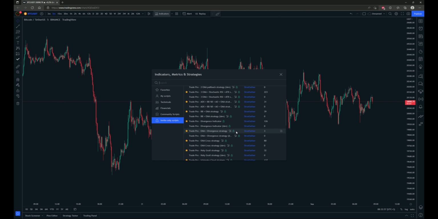But what we need to do is use this indicator to send these divergence signals to the strategy so that the strategy can enter positions based on these divergence signals given by this indicator. Well, before we get into doing that, let's actually go through this divergence indicator and talk about the different parts of it.